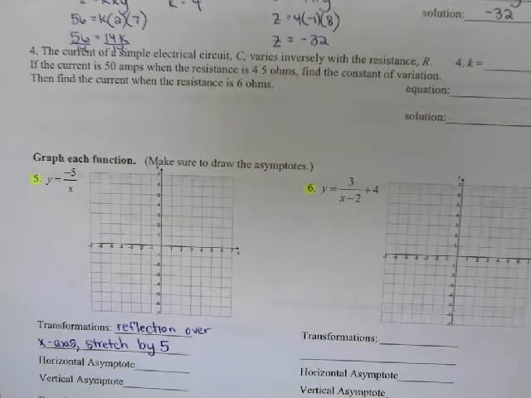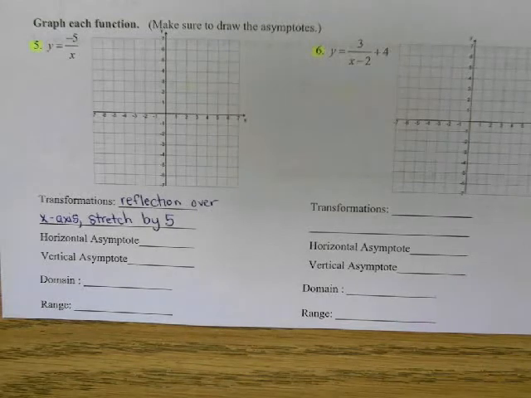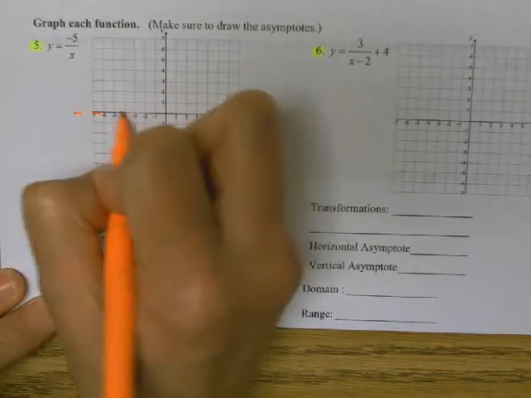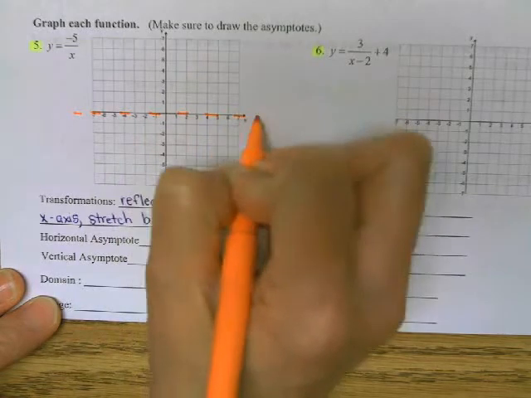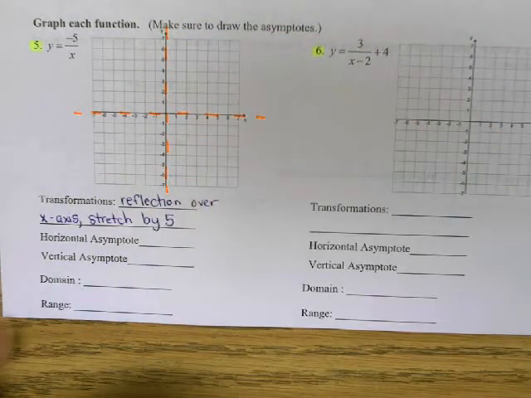So since I did not shift my graph left or right at all, that means my asymptotes are in the exact same spot that they are on my parent function. So my horizontal asymptote is still at y equals 0, and my vertical asymptote is still at x equals 0.